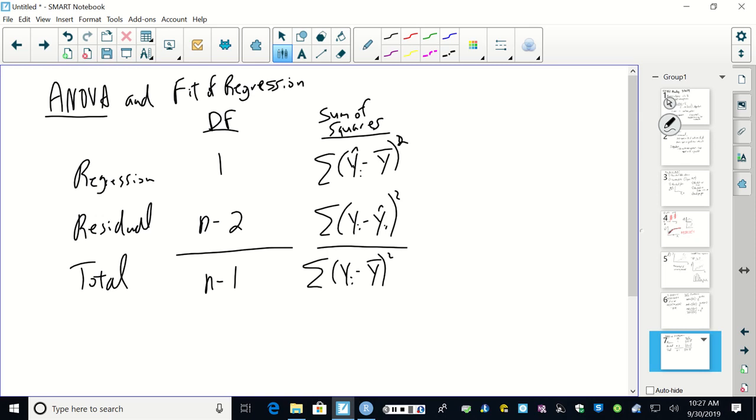So these get called sum of squares regression, sum of squares residual, and sum of squares total. And these actually add up to each other. If you take these two things and expand the squares, group terms together, there's some cancellation, and it works out nicely.